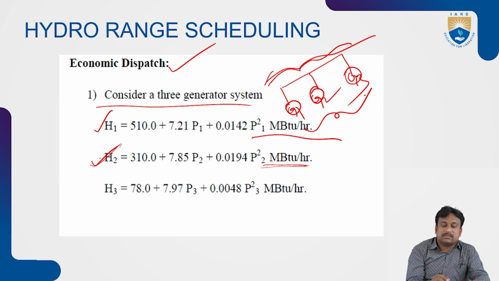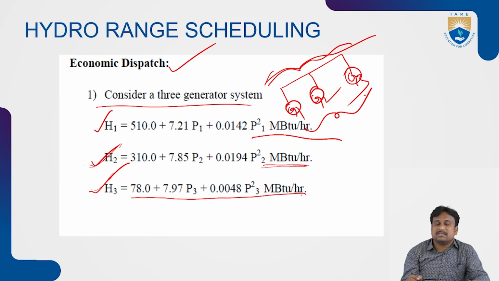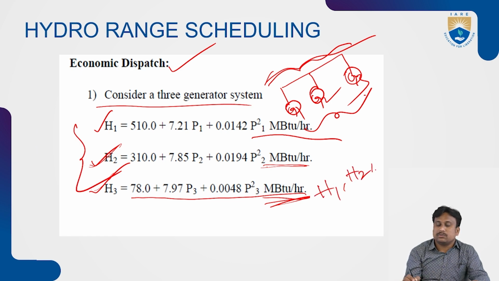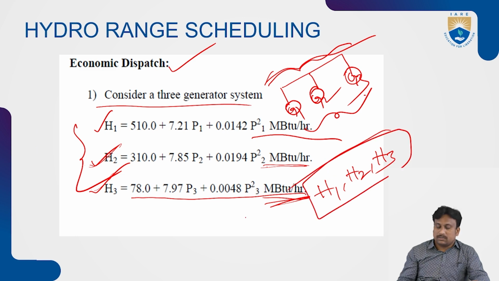This is the second case. Coming to the third case, that is H3, which is 78 plus 7.97 P3 plus 0.0048 P3 square in MBTU per hour. So three combinations exist as H1, H2 and H3.